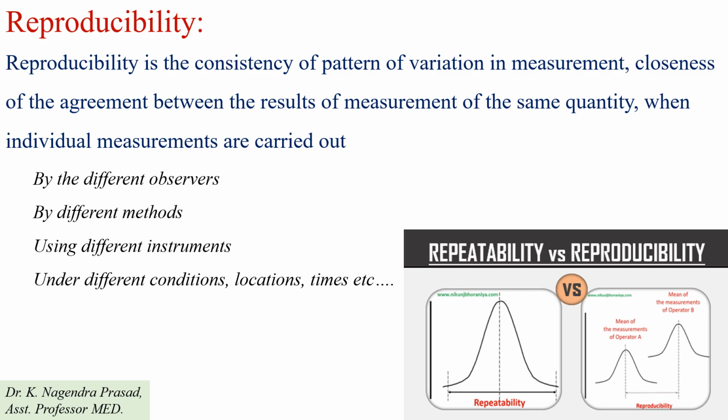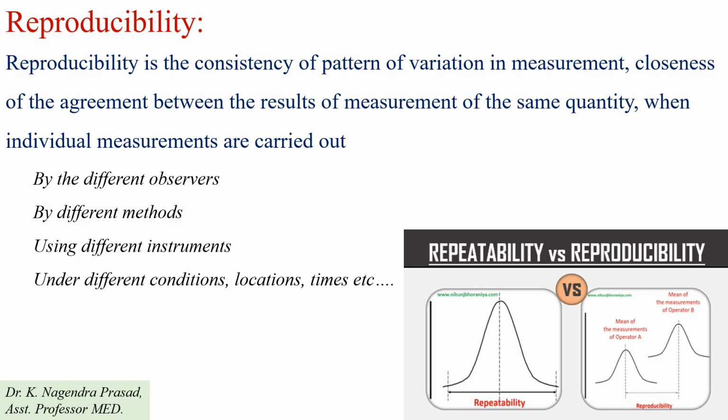Reproducibility is the consistency of the pattern of variation in measurement, the closeness of agreement between the results of measurement of the same quantity when individual measurements are carried out under the following conditions: by different observers, by different methods, using different measuring instruments, and under different conditions, locations and different times, etc. So reproducibility means if we conduct the measurements under different conditions, different methods and different observers, and the instrument produces close results, then we call it an instrument having good reproducibility.